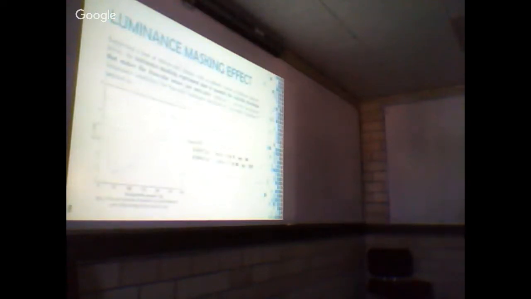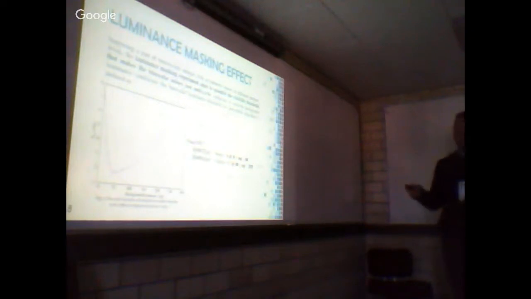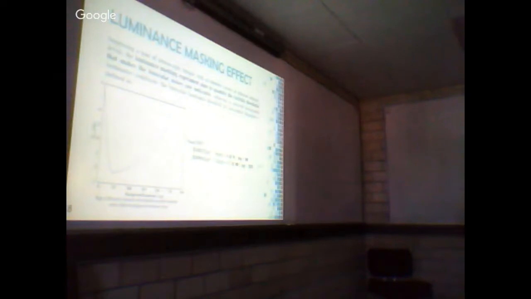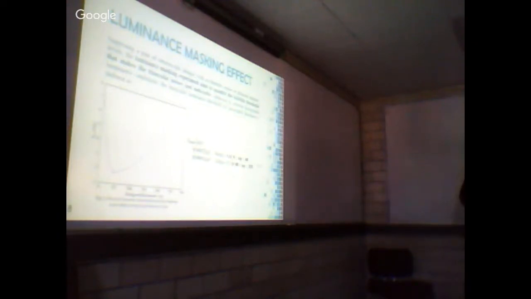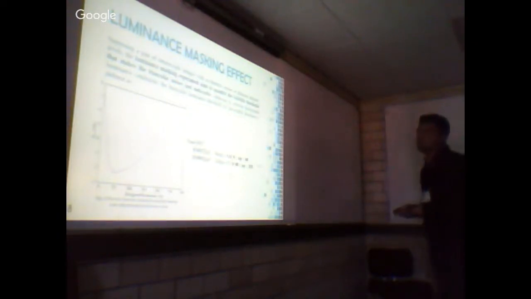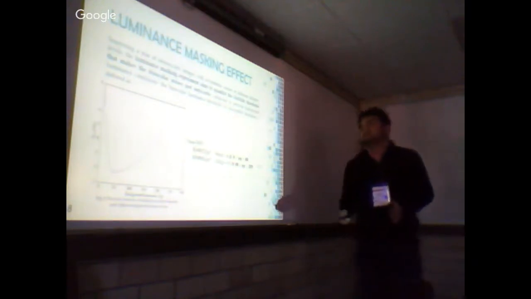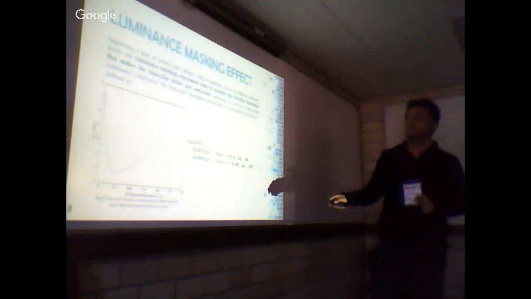First, the luminance masking effect. They modeled all these things by using a psychophysical experiment. So the first one is the luminance masking effect. The luminance masking effect aims to quantify the visibility threshold that makes the binocular difference just noticeable. In expression number 2, we have the form of the luminance model.